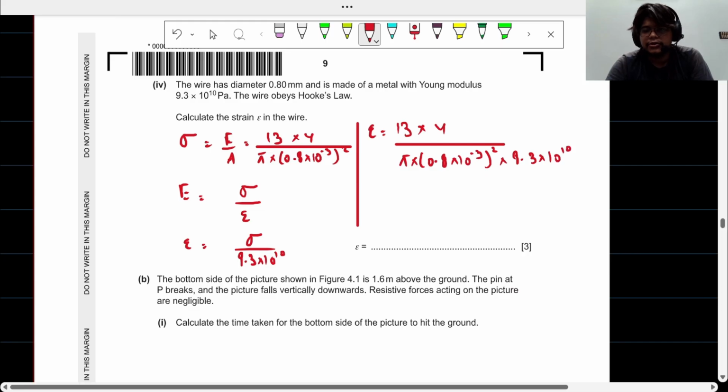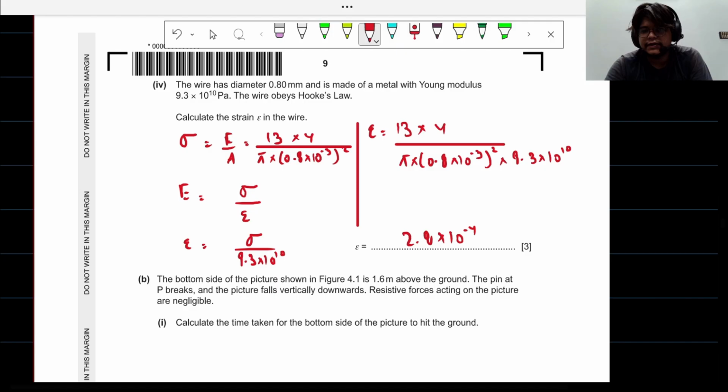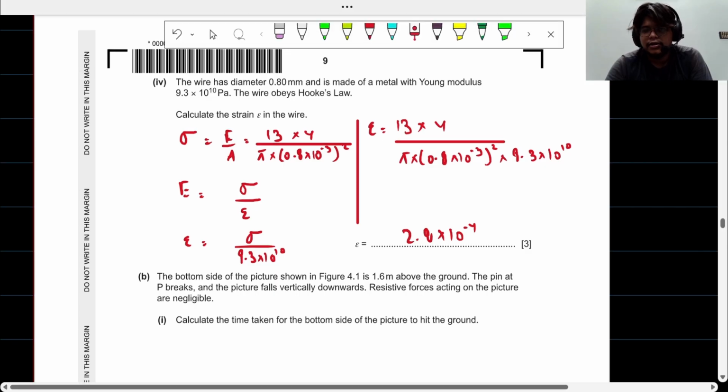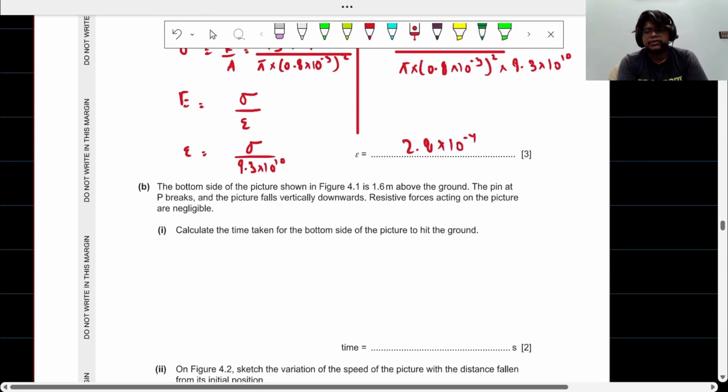So this would give you strain. Strain is 2.8 times 10 to the power minus 4, and strain does not have any units, because it is a unitless quantity, it is a ratio.